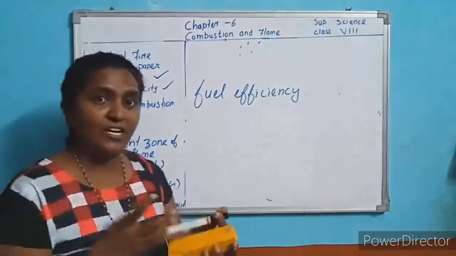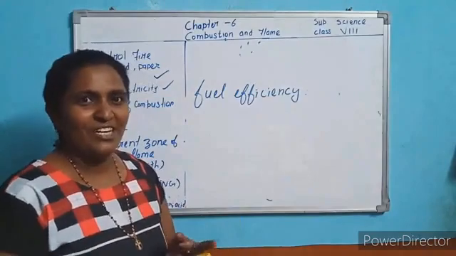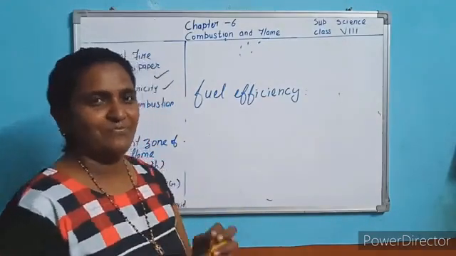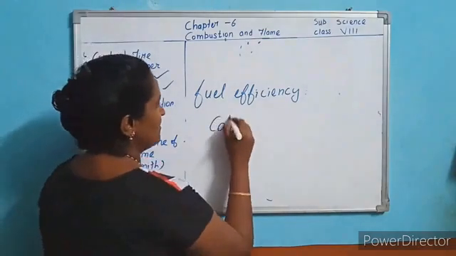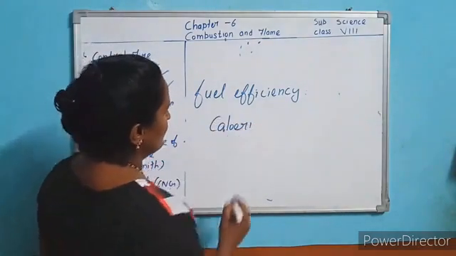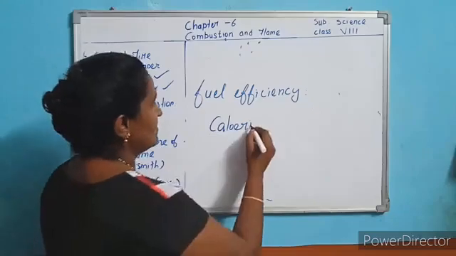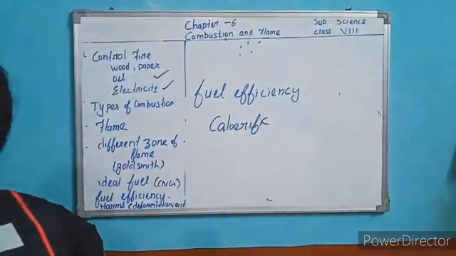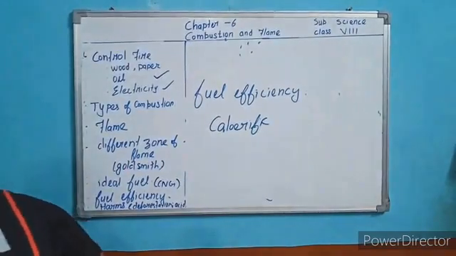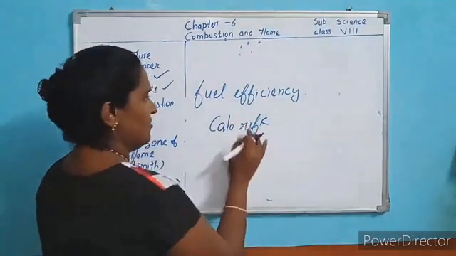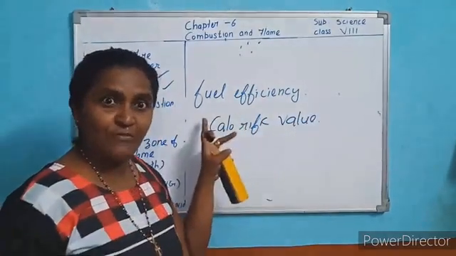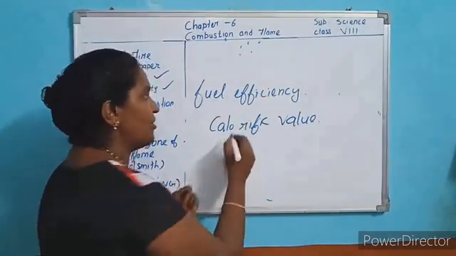Okay. Next, fuel efficiency. How will you know the efficiency of a fuel? To know the efficiency of a fuel, we should know the calorific value. I think the spelling is wrong. Okay, calorific value.